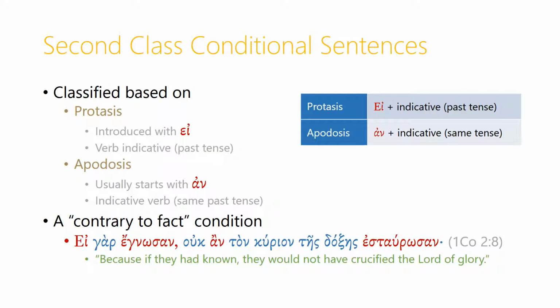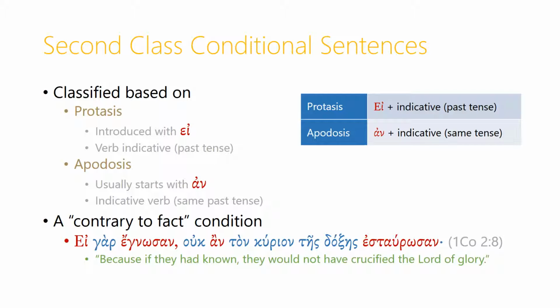A Greek example of a contrary to fact condition would be this: Ei gar egnosan, ouk an ton kyrion tes doxes estaurosan. This is from 1 Corinthians 2:8. Because if they had known, ei egnosan, and notice we have ei and then an indicative verb, egnosan, in a past tense, the aorist.